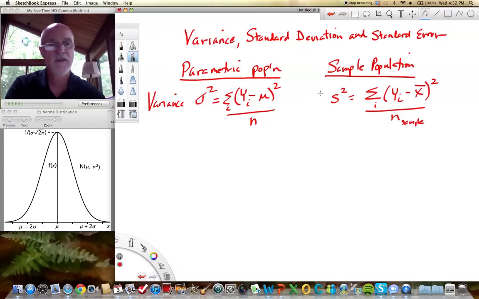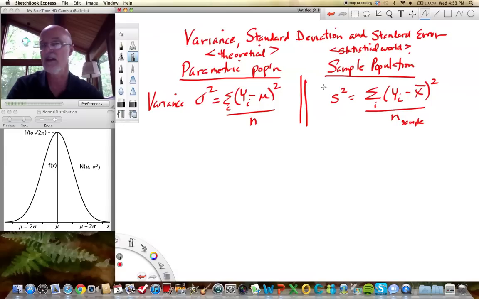And this is going to be an estimate of the parametric variance. So again, think of our theoretical world over here that we're trying to make inferences about. And then this is our sampled world, our statistical world, the real world, if you will, which we have time, resources, money, etc. to actually make inferences about this world from.